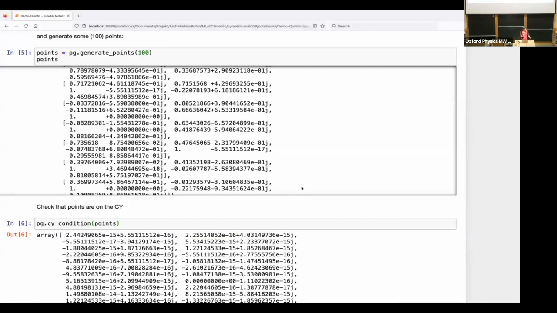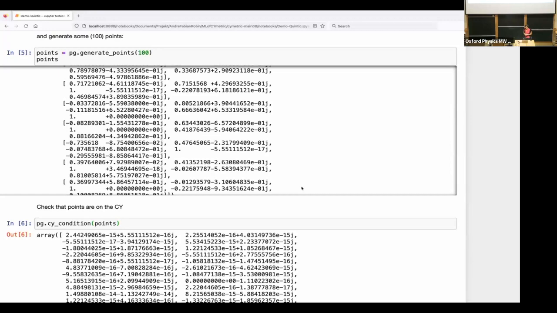I think there's an option of either keeping the volume fixed or not.